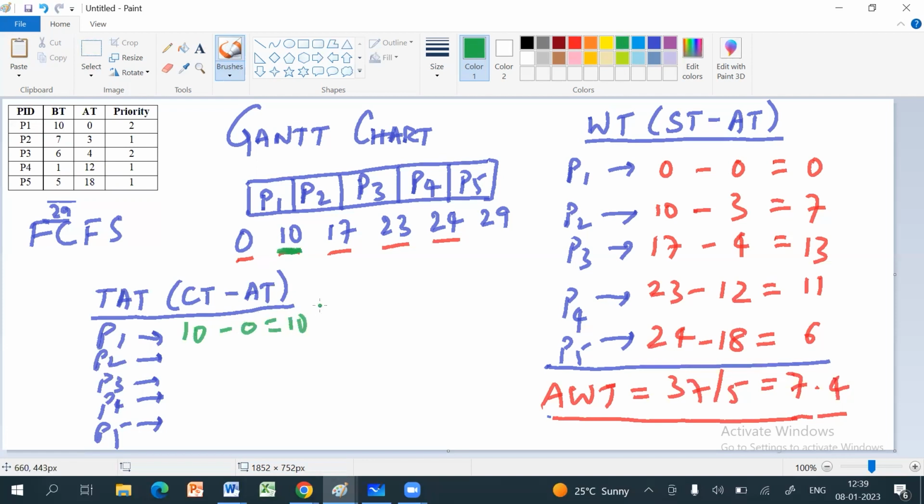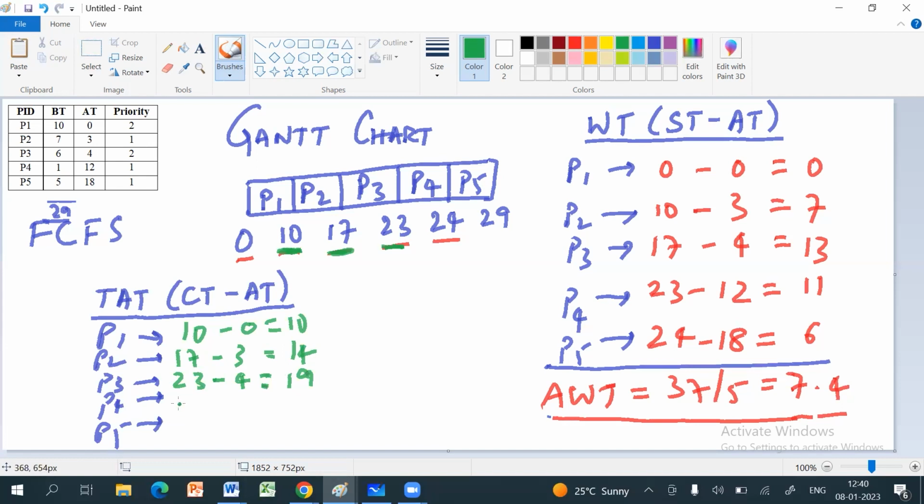Now similarly P2 has completed at 17. 17 minus its arrival time as per the table, which is 3, so equal to 14. Then followed by 23 for P3, minus its arrival time 4, is equal to 19.